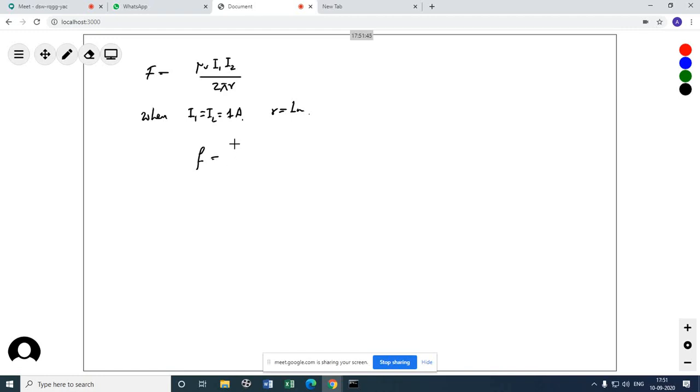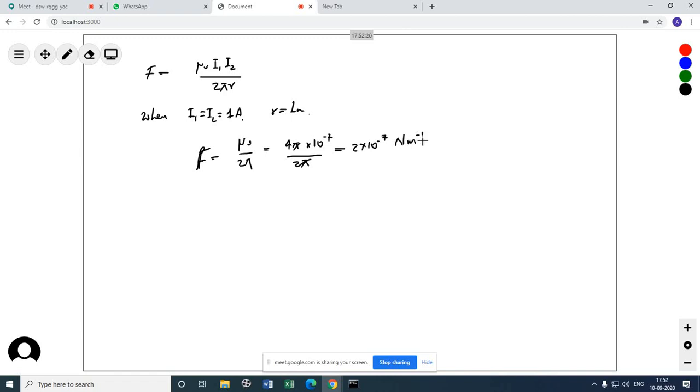We can write mu naught by 2 pi. Look at the unit I am going to write now. This is f, that is 4 pi into 10 to the power minus 7 divided by 2 pi. Cancel, and I get here 2 into 10 to the power minus 7. What will be my unit? Newton per meter.